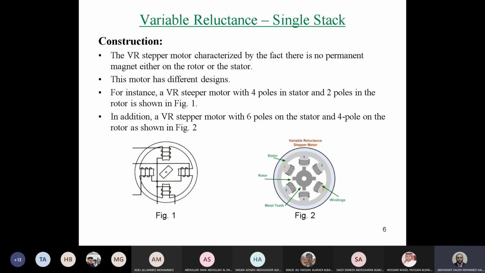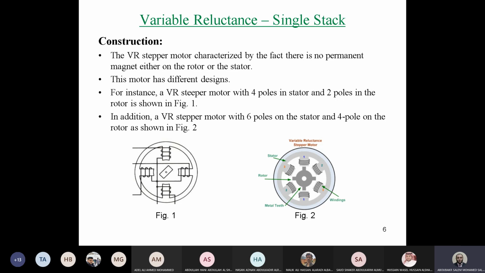We discussed also that the variable reluctance stepper motor has many designs. It's not a fixed design. For instance, when we discussed the synchronous machine, we said that we have a 3-phase stator winding at the stator, and we have a field winding supplied by DC at the rotor.